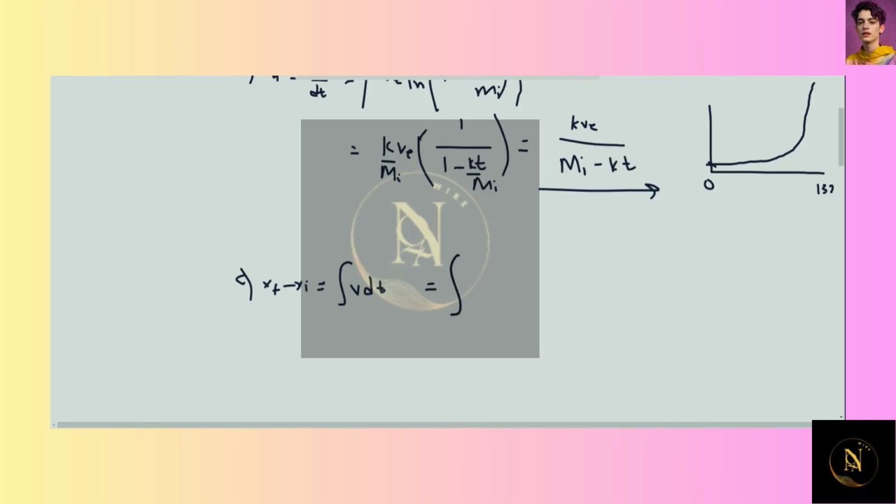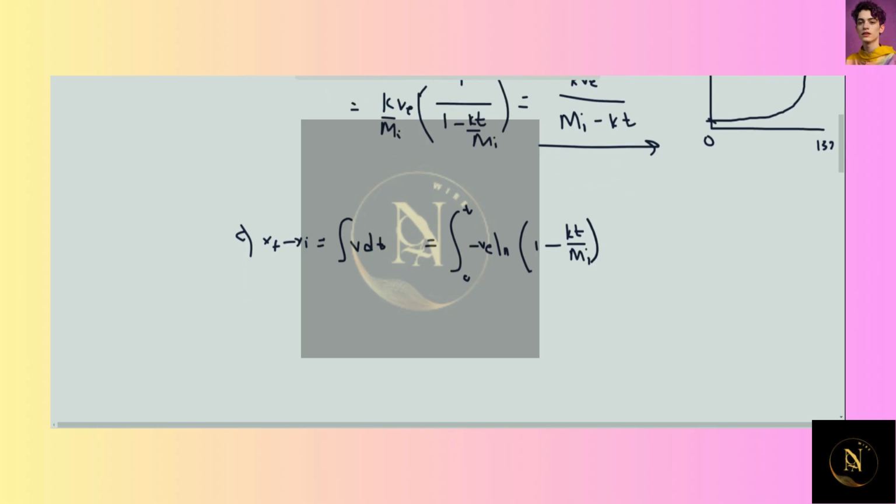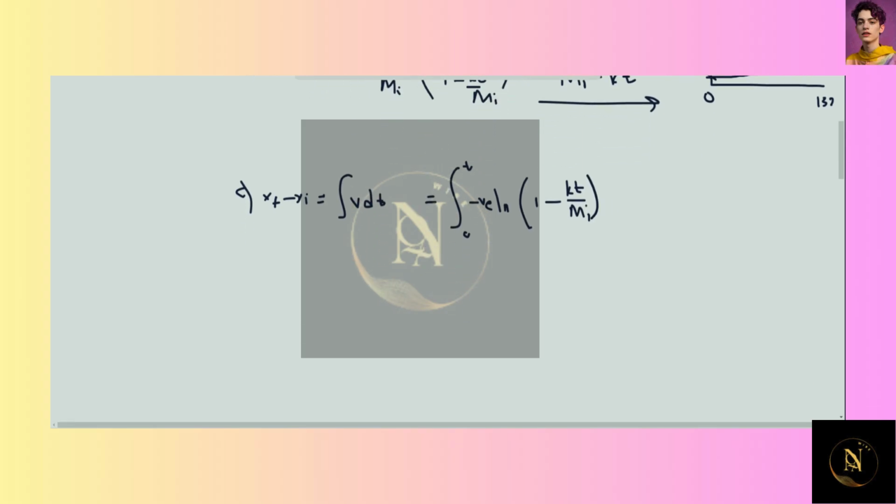So this is going to be the integral from 0 to t of negative VE natural log of 1 minus KT over Mi in this case. You can actually look up the integral in the table, and the one that you want to use here is something that looks like this: natural log of ax plus b.